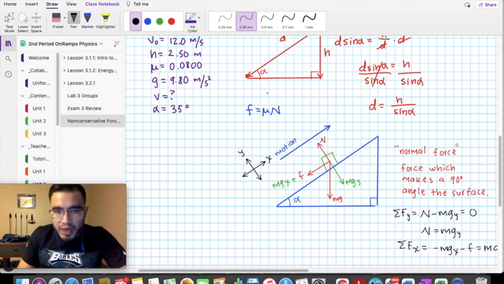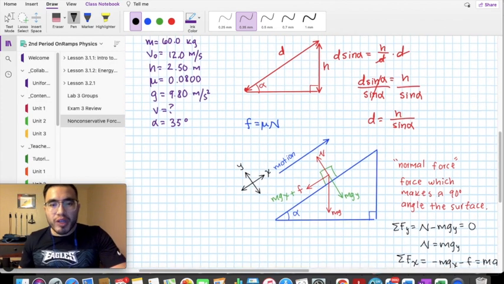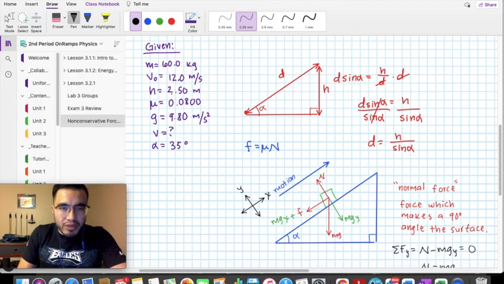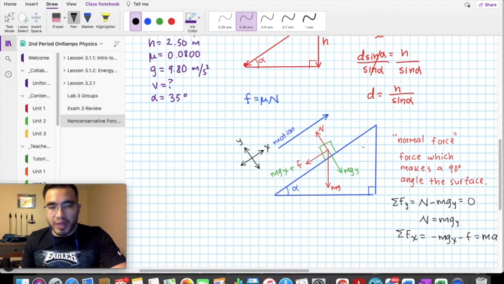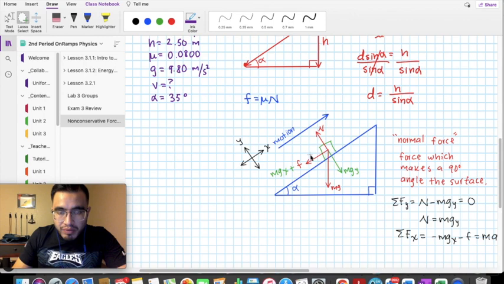Normal equals mg_y, and force of friction equals mu times the normal. However, we don't have mg_y. There's nowhere in the problem where it says the component of gravity that is perpendicular to the surface or the normal force, whatever. No. So we have to now use these forces. Okay?